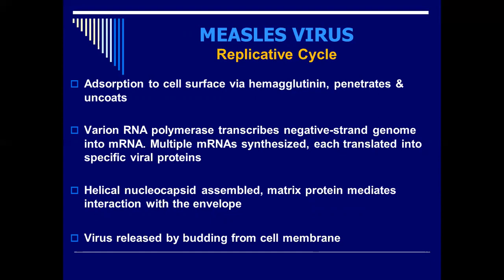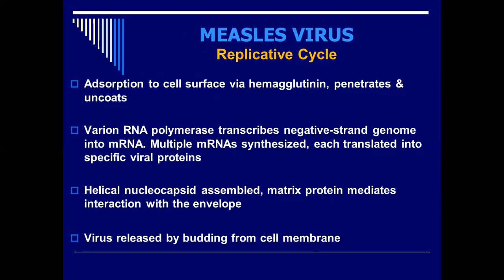We know that the virus is a negative strand RNA virus. So the RNA-dependent polymerase will transcribe the negative strand genome into mRNA, and it will synthesize many copies of the mRNA, and each copy will be translated into a specific viral protein.